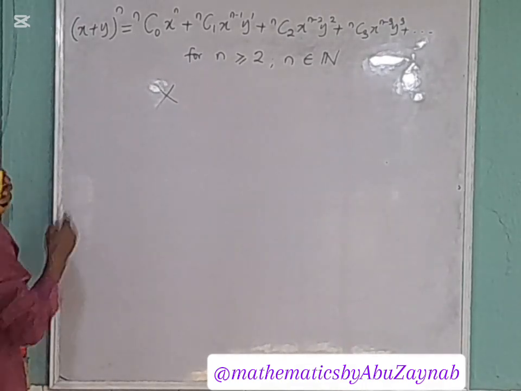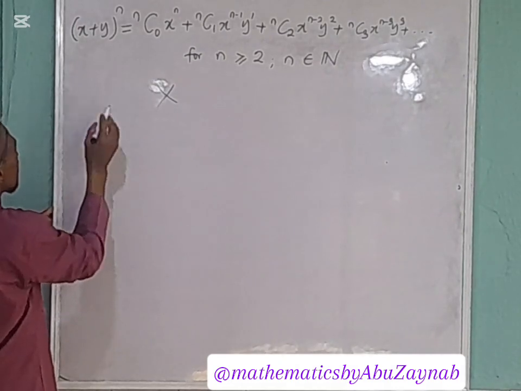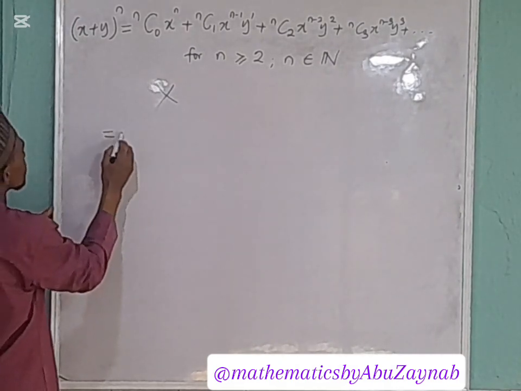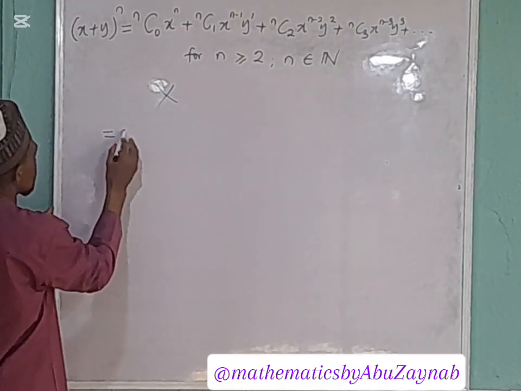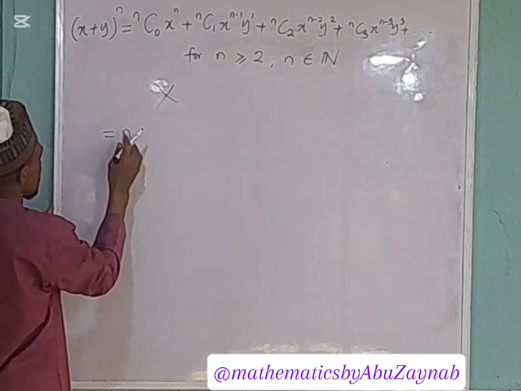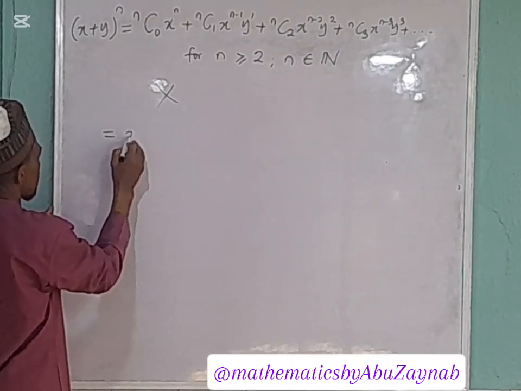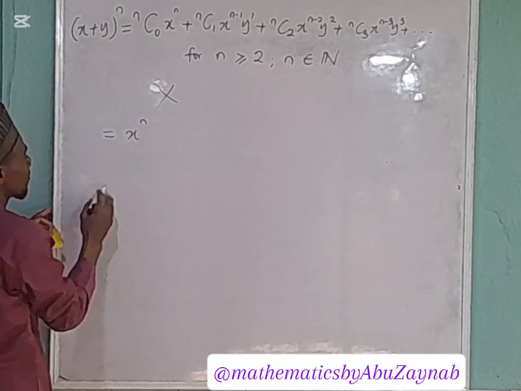And to do that, we use the very knowledge of our combination. So this is going to become nC0, which is 1 anyway, which is 1x to the power of n.